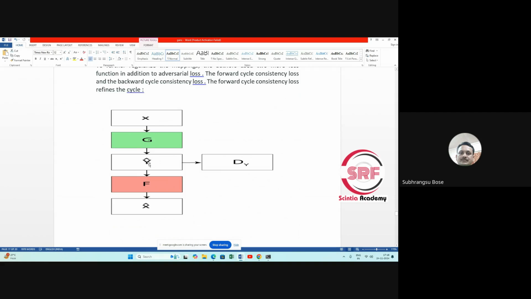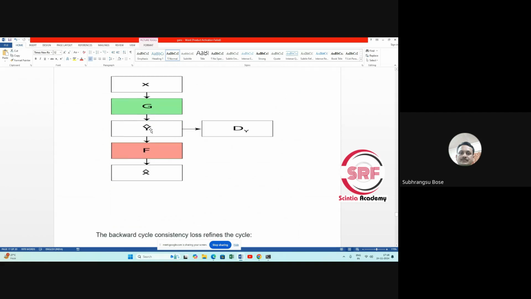X is converted to predicted Y, new Y. Again, Y is the input. Predicted Y is the input of F. F is another generator, and it converts back to X. If any difference is found between X and X bar, then this is called generator loss.